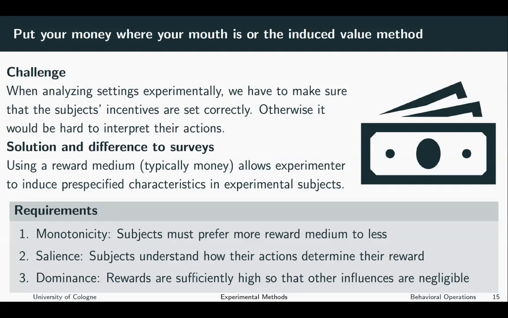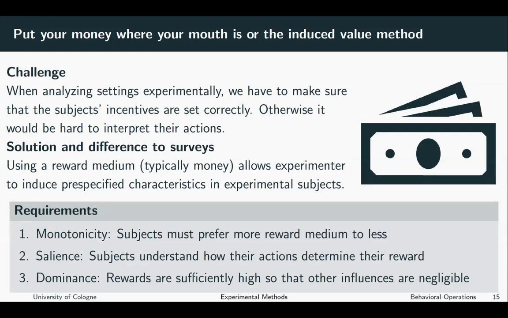And so you have to make sure that the subject's incentives are set correctly, so that the participants' incentives are at least similar to the incentives of the, let's say, participants in the real situation. Otherwise, it would be hard to interpret your experimental findings and to have some reliability of the results for the field.